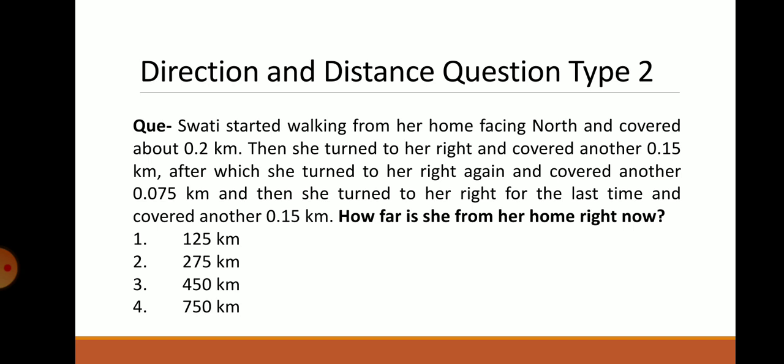Then she turned to her right and covered another 0.15 kilometer, after which she turned to her right again and covered another 0.075 kilometer, and then she turned to her right for the last time and covered another 0.15 kilometer. How far is she from her home right now?